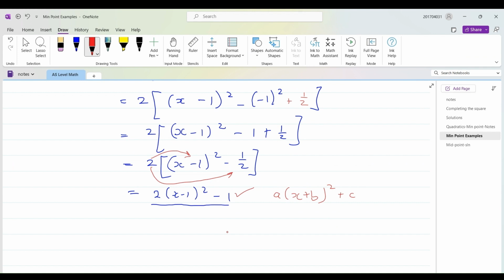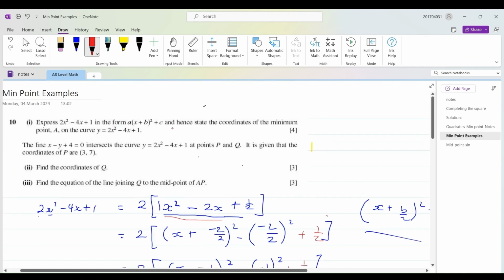The second part says, and hence state the coordinates of the minimum point A of the curve y is equal to 2x squared minus 4x plus 1.